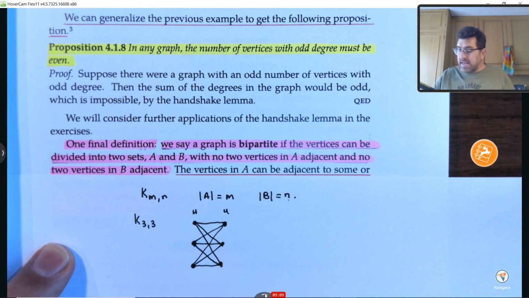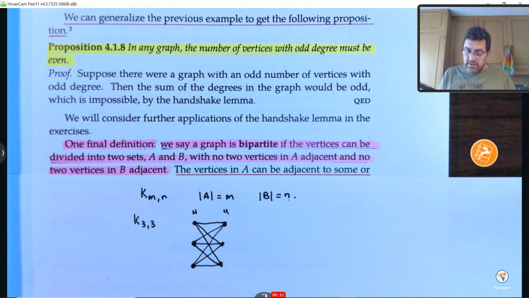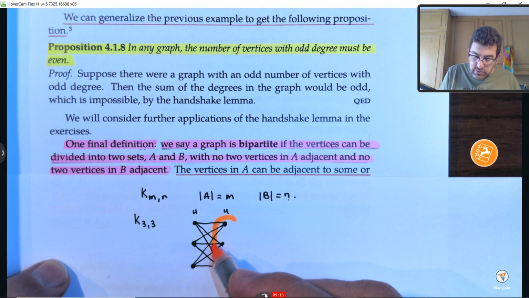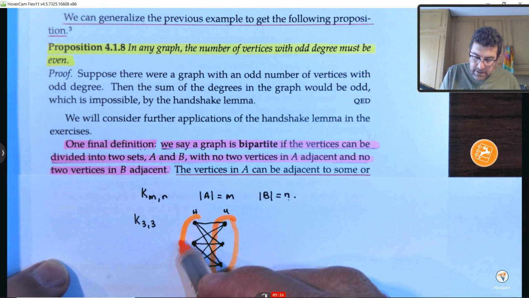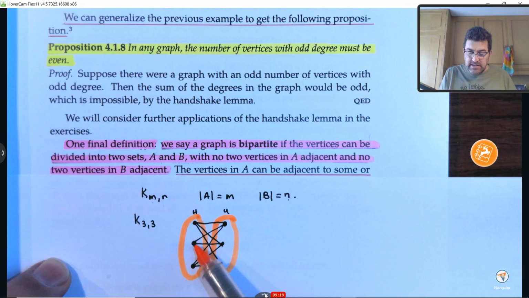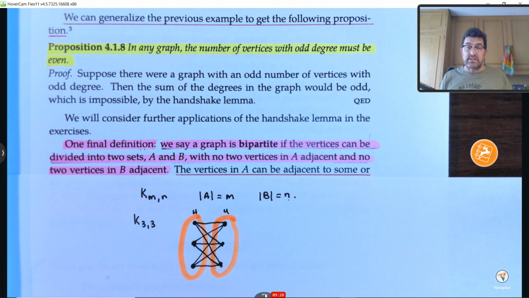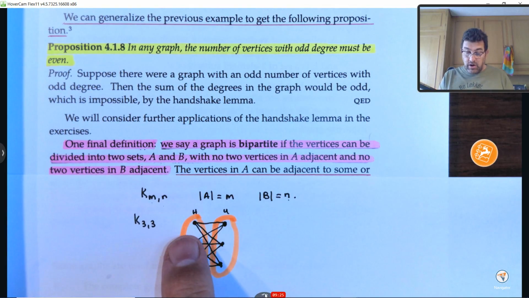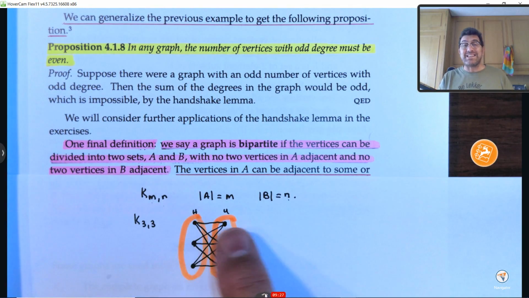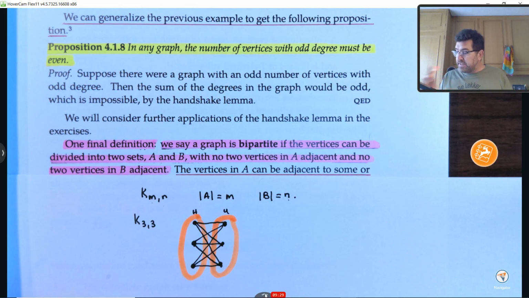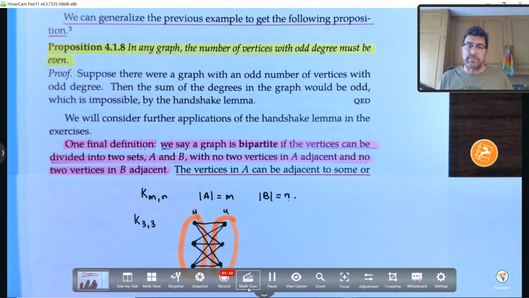So you are forming two separate sets, and there's no adjacency within each set. Those two sets are completely separate. They are only mapped onto elements in the other set, and that is what a bipartite graph is, folks. So I'm going to spend some time now working with a few bipartite graphs and their definition, so you can see how it works.